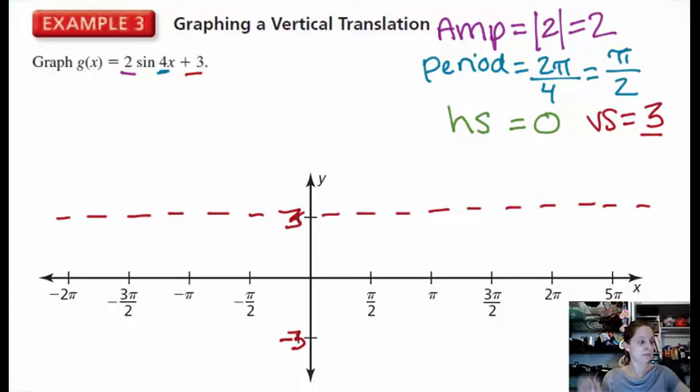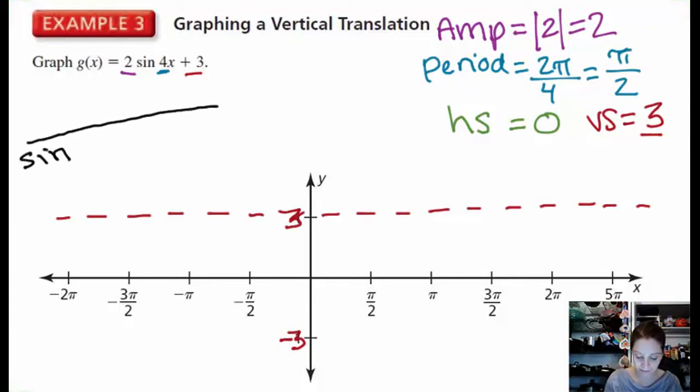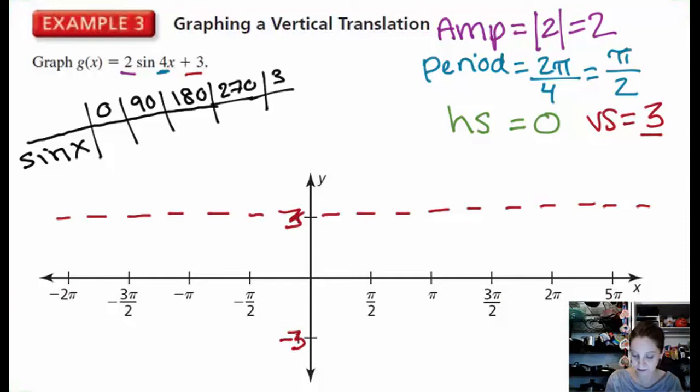That was step 2. Step 3, find the 5 key points by translating the key points of y equals a sine bx or y equals a cosine bx, horizontally h units and vertically k units. Okay, so here is how I find the important points. I think in my head of sine of x at 0, 90, 180, 270, and 360.